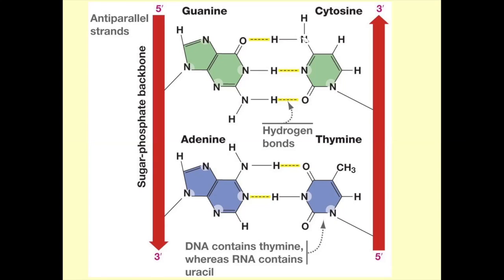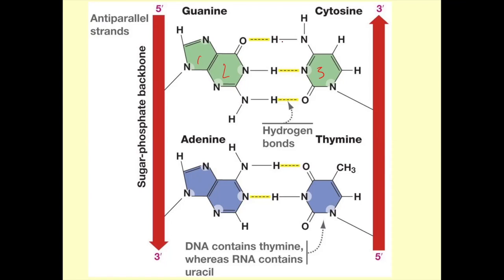Okay, so the reason G goes with C is, first of all, we get 3 bases each time, but also we've got the opportunity here for 3 hydrogen bonds. And so it's just a question of alignment.